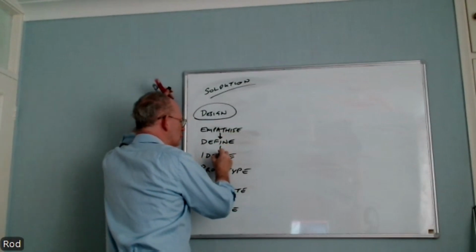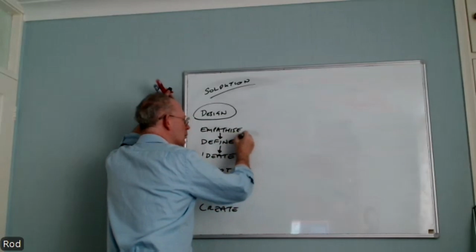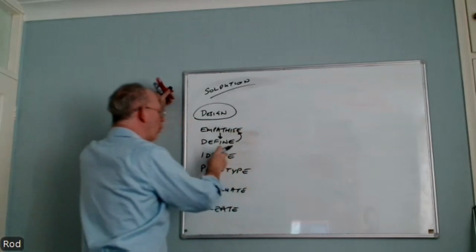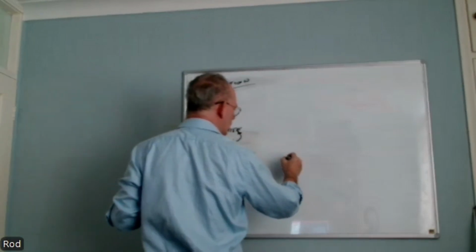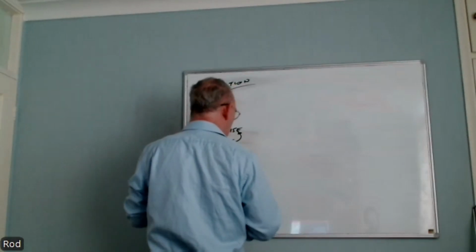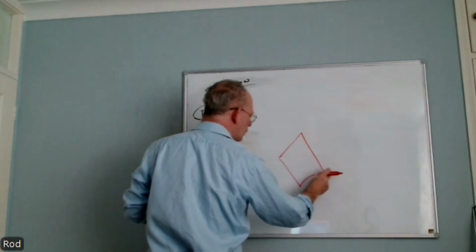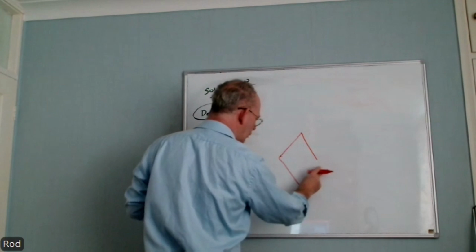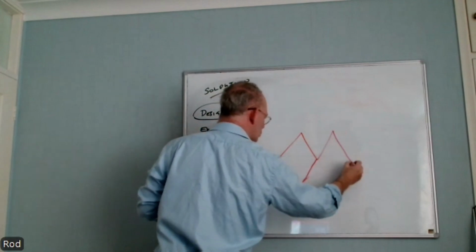This then leads on to either saying we still don't understand our customer, so let's go back and empathize some more, or let's generate a whole load of ideas. We're going to look in a few moments at design thinking, first for our single diamond, and secondly for our double diamond version.